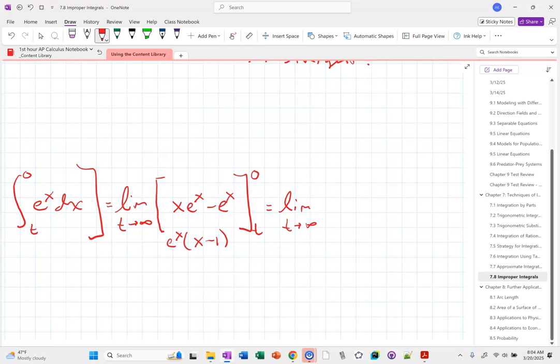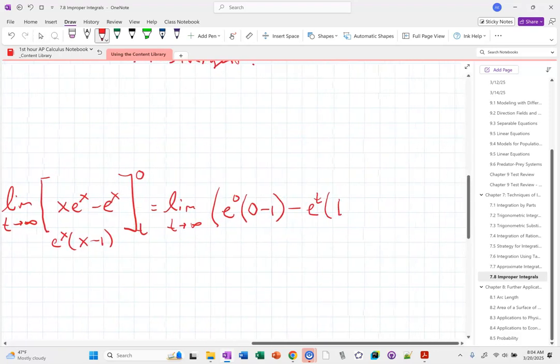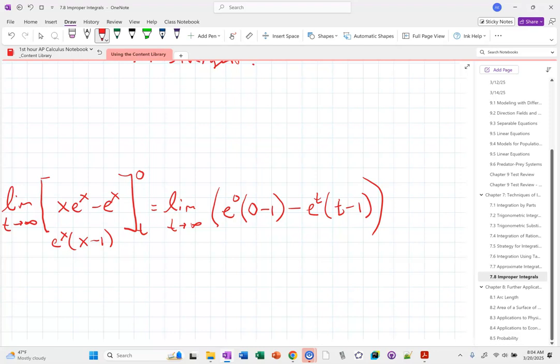So we're going to go from the upper, which is e to the 0 times 0 minus 1, minus e to the t times t minus 1. Everybody feel okay with what I did there?